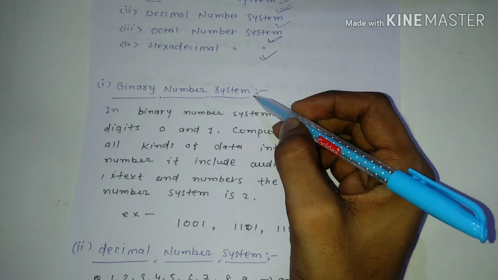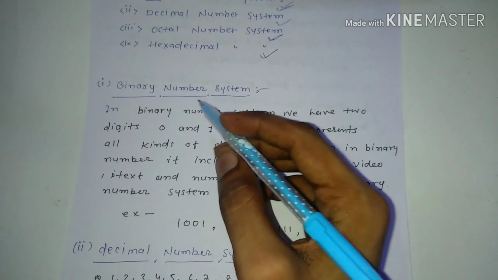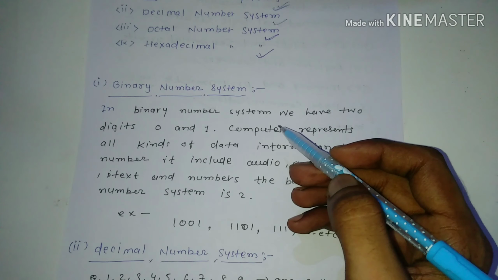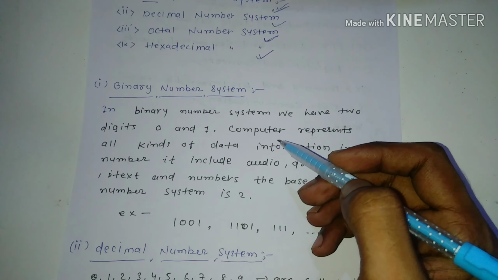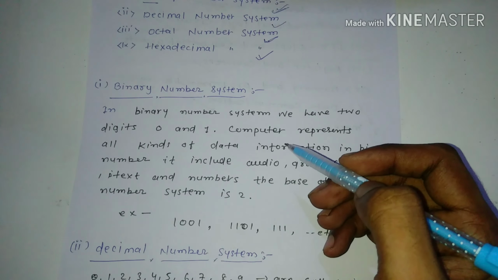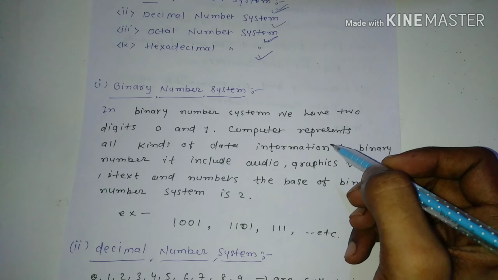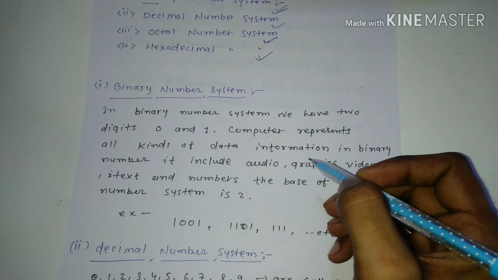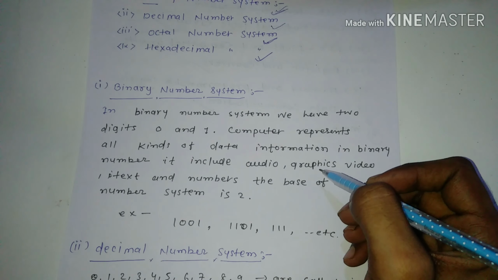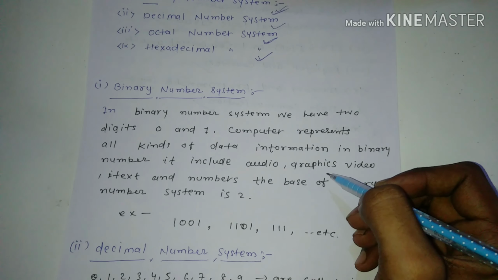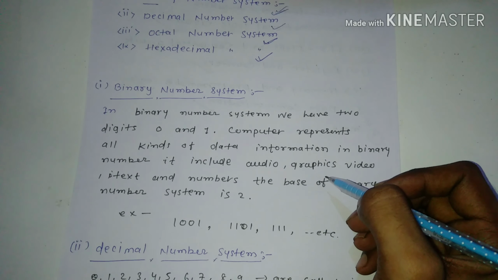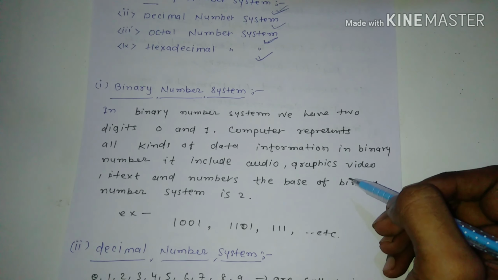Binary number system. What is binary number system? In binary number system we have two digits, 0 and 1. Computer represents all kinds of data information in binary number, including audio, graphics, video, text and numbers.